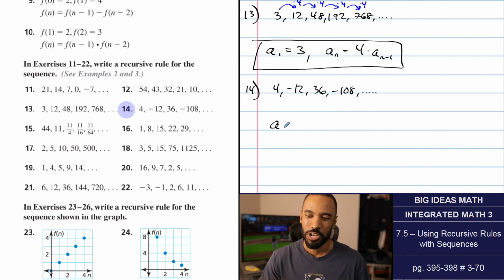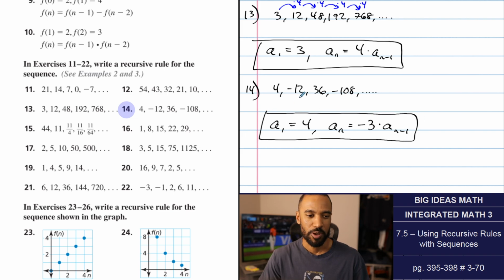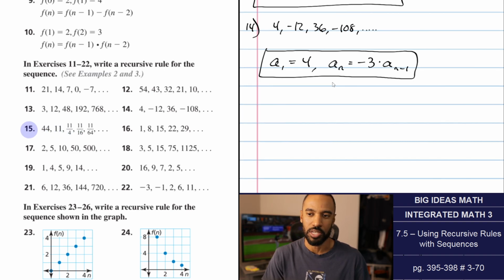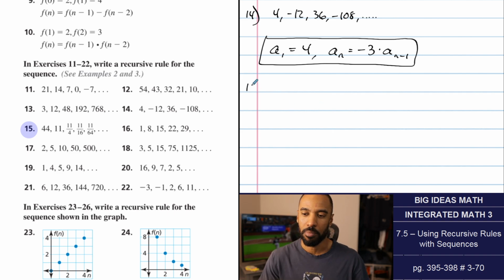All right. First term is 4. And for any one term, we're multiplying by -3. You can have common ratios that are negative, of course. -3 times the previous term there. Special case time? Not quite. These are also geometric. You could see that you're dividing by 4 the first couple times, and you still are, but we don't mention what we're dividing by.